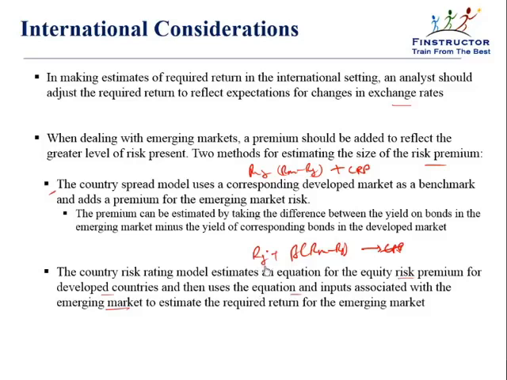So use the emerging market risk-free rate, use the emerging market beta, use the emerging market risk premium, so that you don't have to add a country risk premium. Here we added a country risk premium because all these inputs came in from the developed market, and then we had to add a premium. So these are the two approaches in which you can incorporate international considerations into your required rate of return.